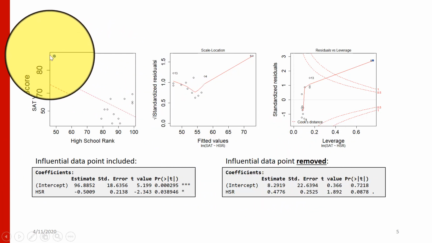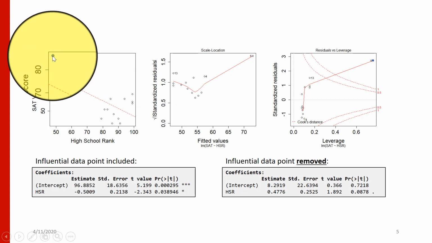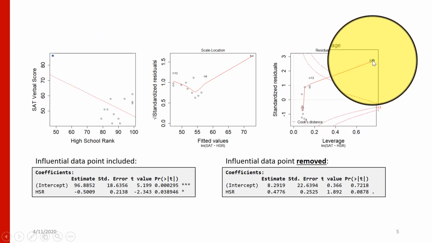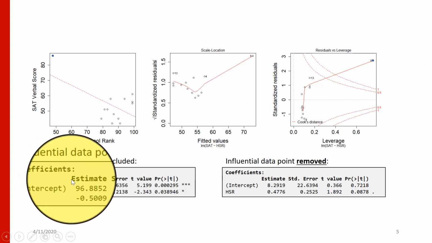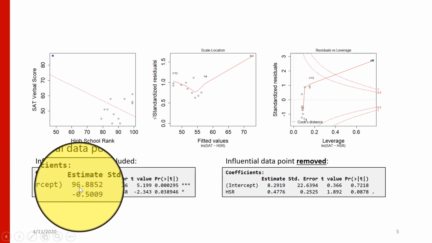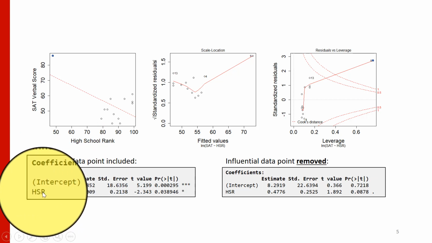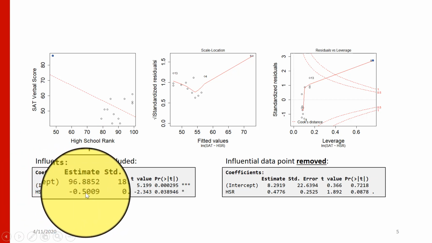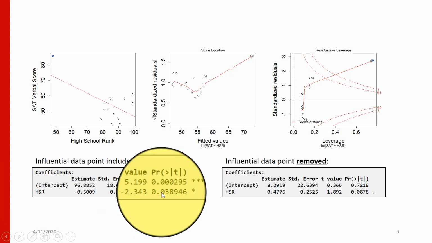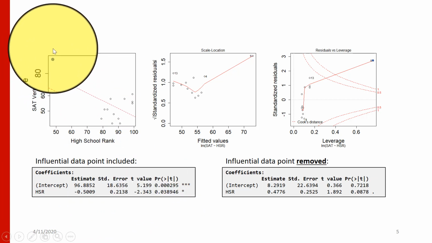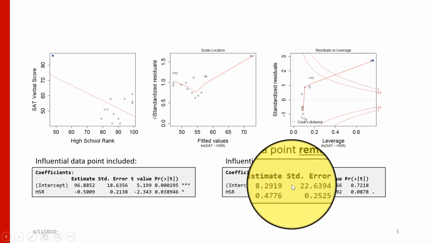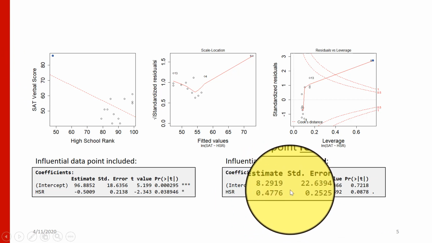So we've highlighted that data point in blue now, both in the original graph and over in the residuals versus leverage plot. And what you can see is that we have the coefficients in the original graph. We have an intercept of 96.89 and a slope of negative 0.5 that is statistically significant. But that's mostly driven by this very influential data point, and when it has been taken out, this changes both our intercept and our slope pretty dramatically.